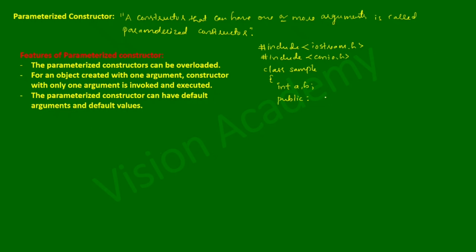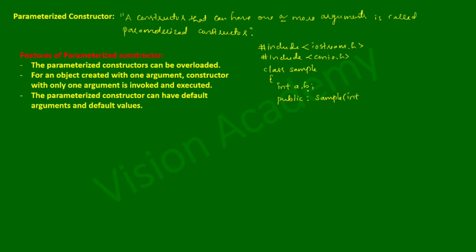So definition of constructor says that constructor is a special member function which has got the capabilities to initialize data members of the class. An important feature of the constructor is the function name or the constructor name should be same as that of the class name, and there should not be any return type. So here class name is sample, so I have to write sample, and inside of the round bracket you can have more than one argument.